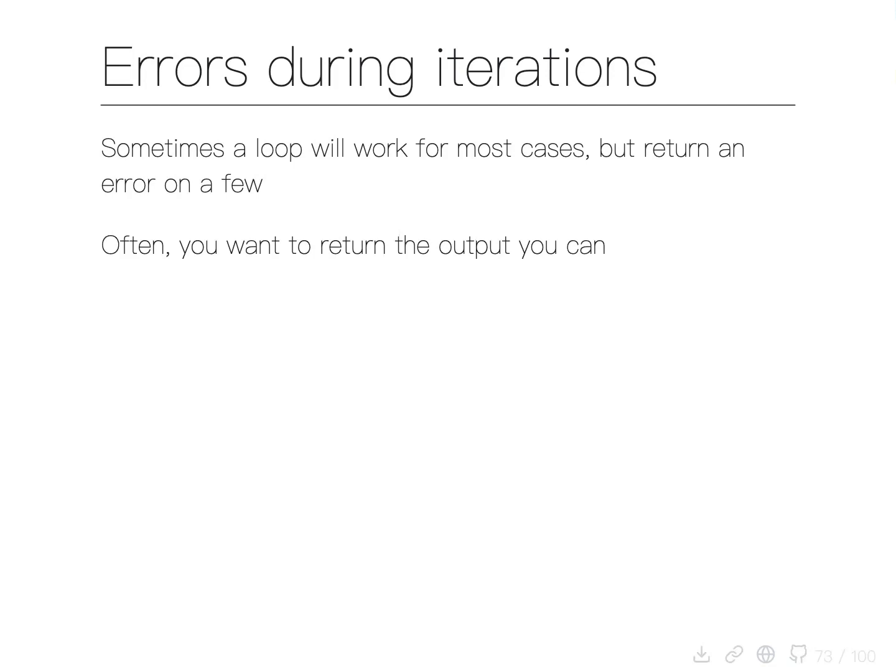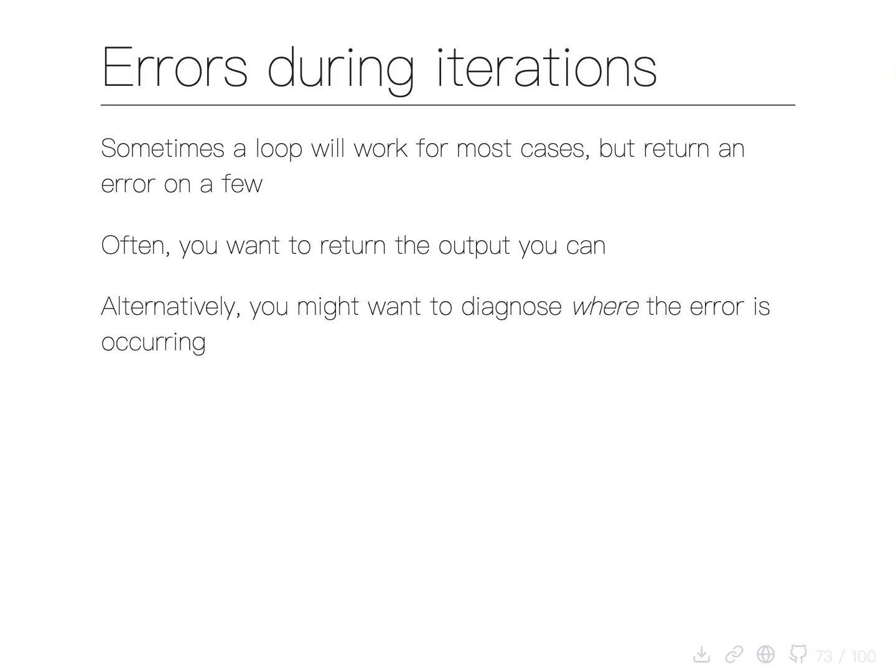However, in my experience, most of the time, if it's failing, I need to know why it's failing. And then I need to investigate that to either ignore it or fix it. So you might be able to use safely to diagnose where an error is occurring.